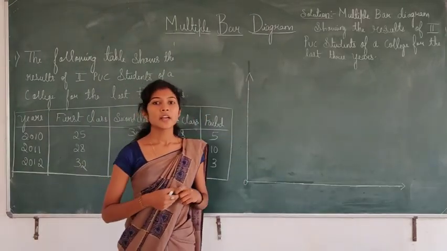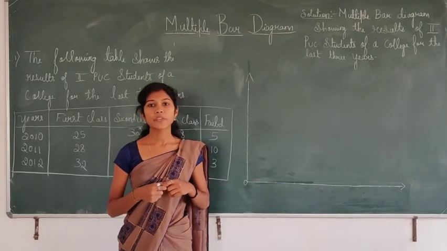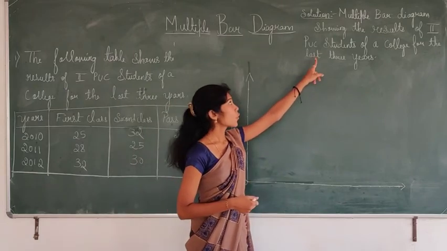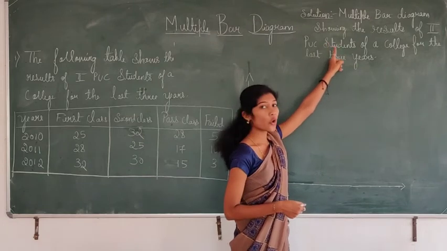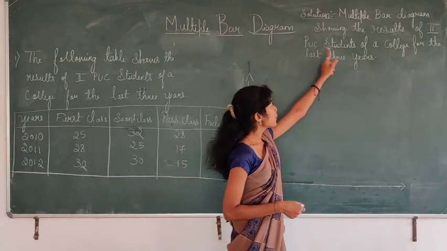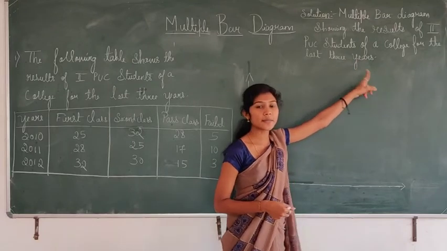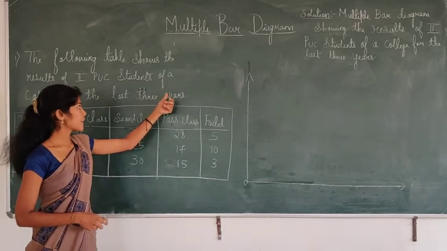So as I said, while constructing a multiple or compound bar diagram, first you need to write the title. The title will be multiple bar diagram showing the results of second PUC students of a college for the last 3 years. Here the information of second PUC students is given.